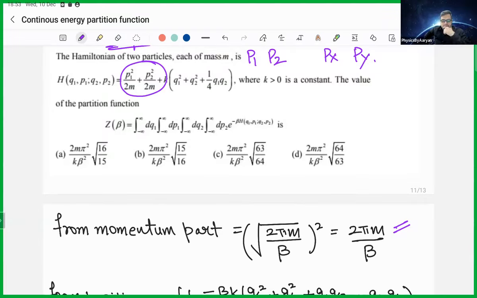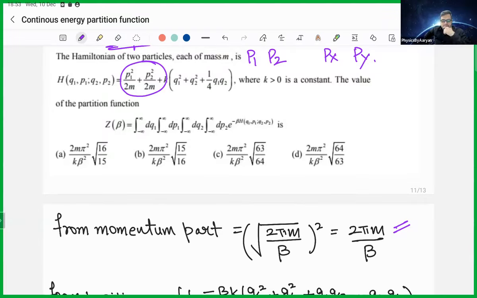Now we need to compare with our known result. What is the known result? The general formula is an integral going from minus infinity to infinity. Not one integral, two integrals. In this case, there are two integrals, so dq1 into dq2. In general, I have written d^n x, or in simple terms, dq1 into dq2. Don't get confused here.